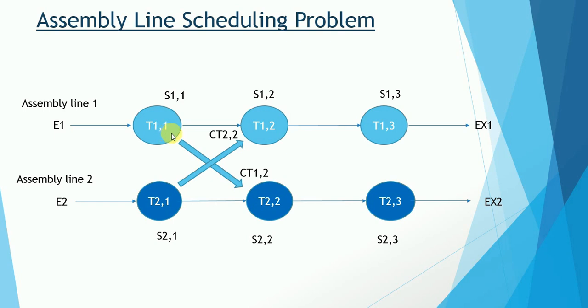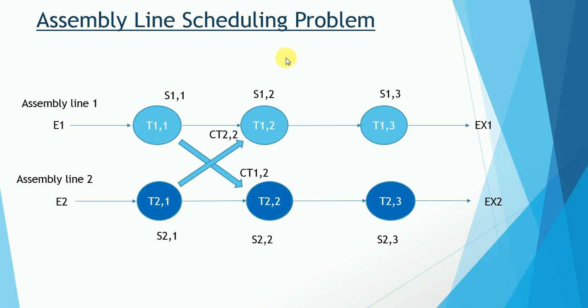Now it has two choices. After the job is done over here, after spending time T11, it can either go to the next station in the same assembly line, or it can change the assembly line and go to the next station. It has got two choices.